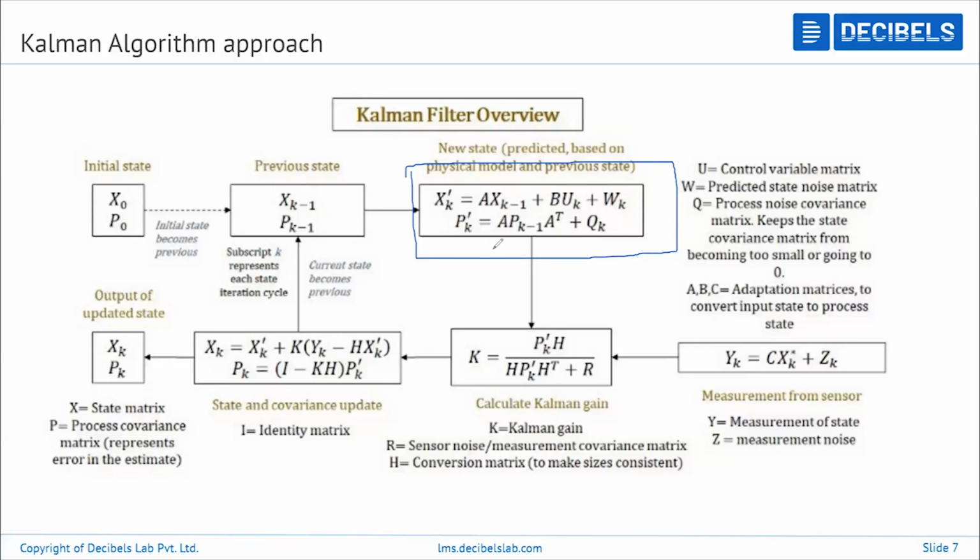When you represent a system in state space, you are already familiar with this equation, which you learned in your engineering through control systems. This is the state equation, and this is the covariance, the process covariance matrix.